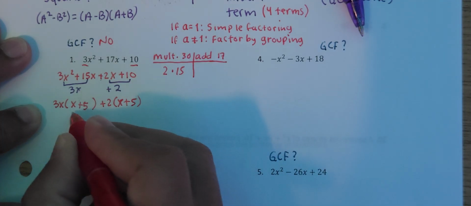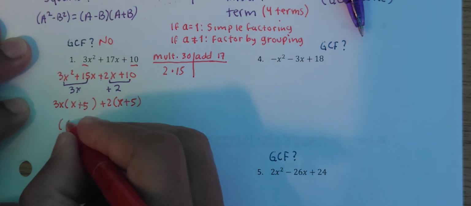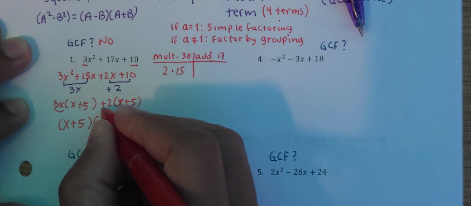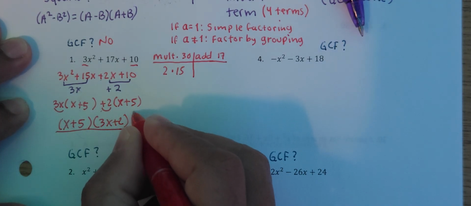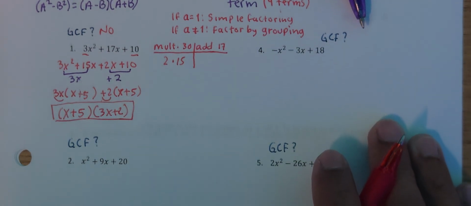As you can see, we have x plus 5 in both groups, so we can factor out x plus 5 as a GCF and put together 3x plus 2. This is that quadratic in standard form, now in factored form.